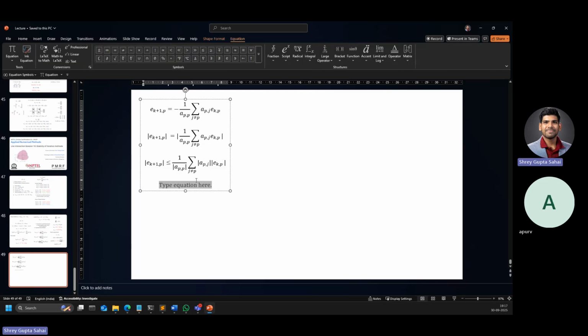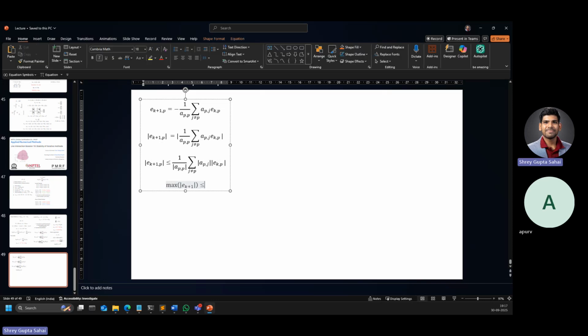This is basically saying max of the norm of E K comma P, actually K plus 1, is less than this entire thing.